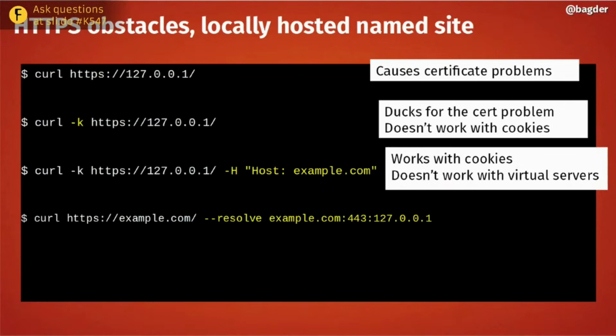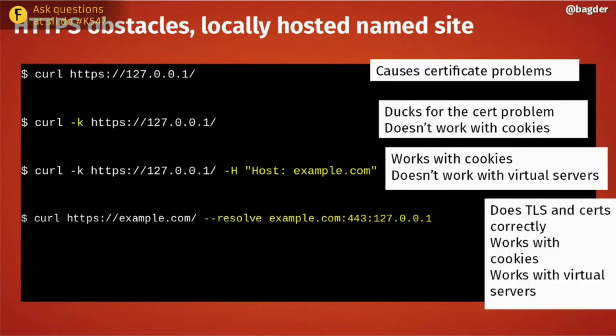Like this, if you want to access example.com on your own host, because you want to run your own copy of the example.com server on your localhost, you can just tell curl that this is the IP address for example.com right now. So this makes it work with TLS and certificates, it works with cookies, and it works even if you have a virtual setup. So if you run more than one server on your localhost, it'll work for that too. It's a pretty convenient way.